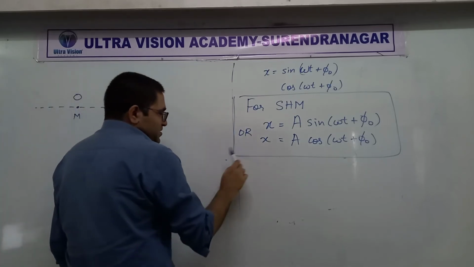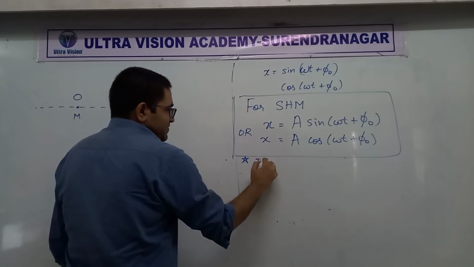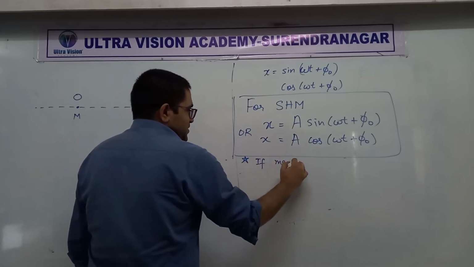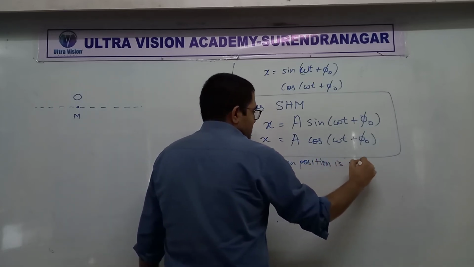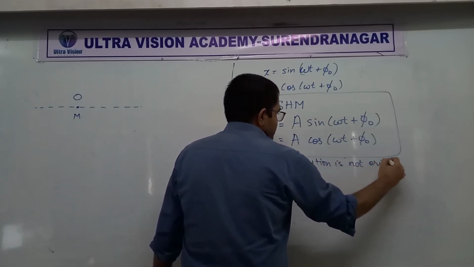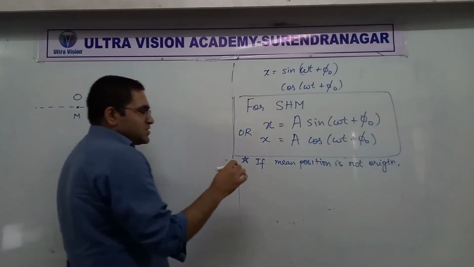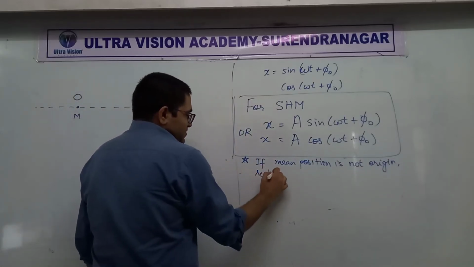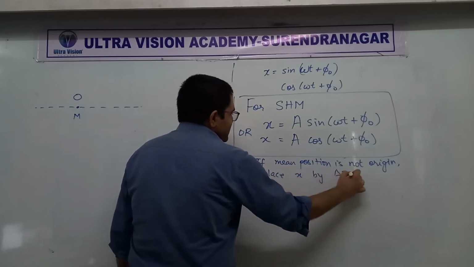Okay, just one thing here. Please write a note. If the mean position is not origin, then replace x by delta x. Why so?